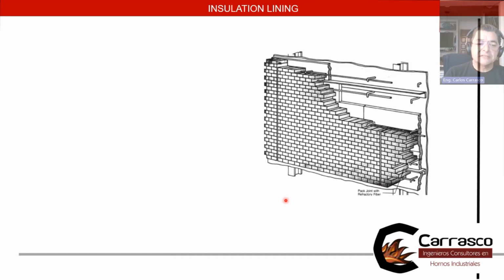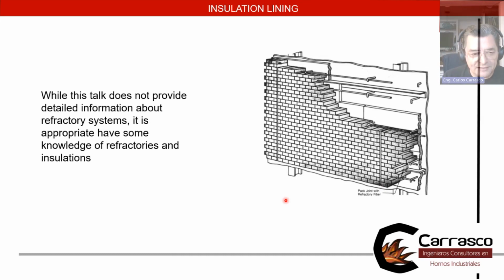So also during this talk, we are not going to provide detailed information about the refractory systems. It is appropriate to have some knowledge about the insulation and refractory. The refractories are meant for the heat and the mechanical abuse by the process, and sometimes chemical abuse also.